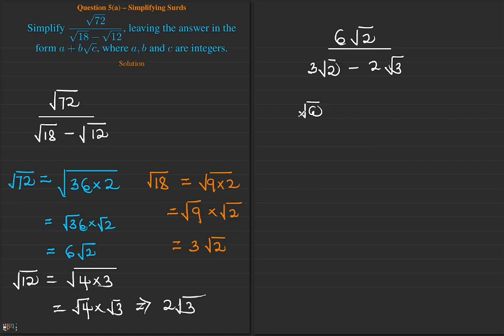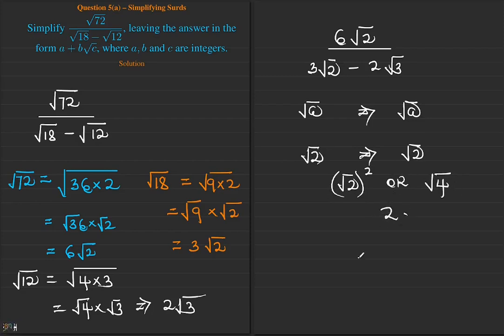So for a monomial set such as root a, its conjugate is also root a. For instance, if you take root of 2, which is a radical, and multiply it by itself, you are going to get root 2 all squared, or also written as root 4, because 2 times 2 gives 4. And when you simplify this, you get a 2.